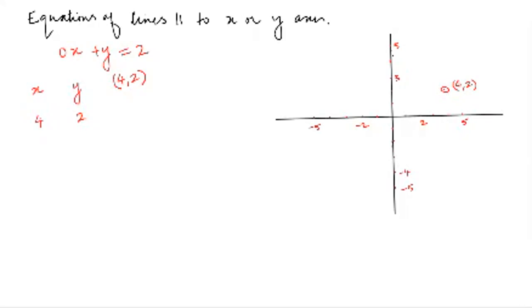Alright, now I think of some other x and y. Now let's say x is 3. 3 into 0 is 0. Now y, very interesting thing, y should be 2 always. Because whatever is the value of x, 0, minus 1, minus 2, minus infinity, minus 1 lakh, y should be 2.